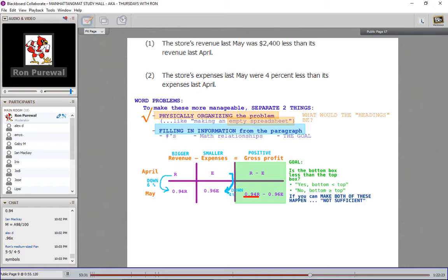And this part right here is like saying we made 6% less than we did last year, but our taxes were 4% less. What if this was 0.94 instead of 0.96?